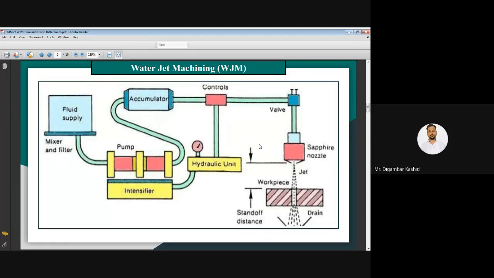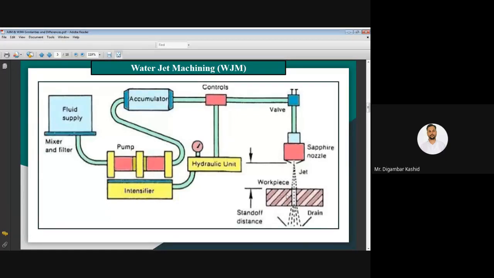Now the material of the nozzle, normally for water jet machining, is sapphire, so a sapphire nozzle is used. From this nozzle you have to impinge your high velocity water jet onto your workpiece by keeping some distance, which is called the standoff distance, as you can see here.